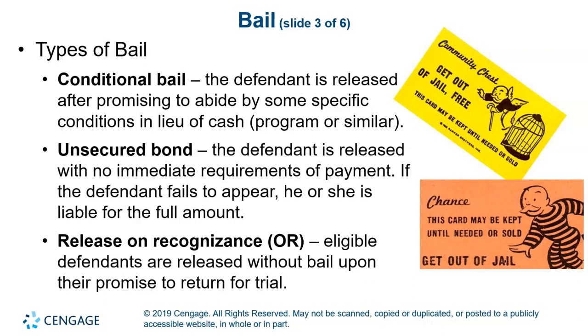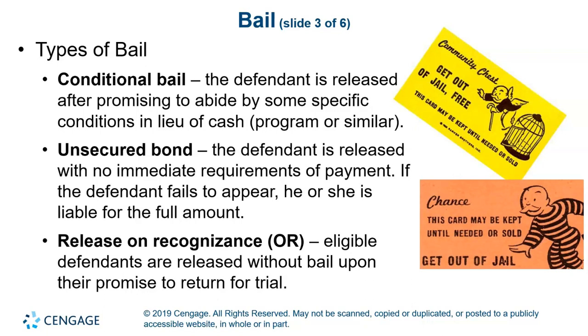There's conditional bail, and here's where the defendant is released after promising to abide by some specific condition in lieu of cash. Maybe it's a program or something similar, like maybe you promise to participate and complete or attend a treatment program. There's unsecured bond, where the defendant is released with no immediate requirements of payment.